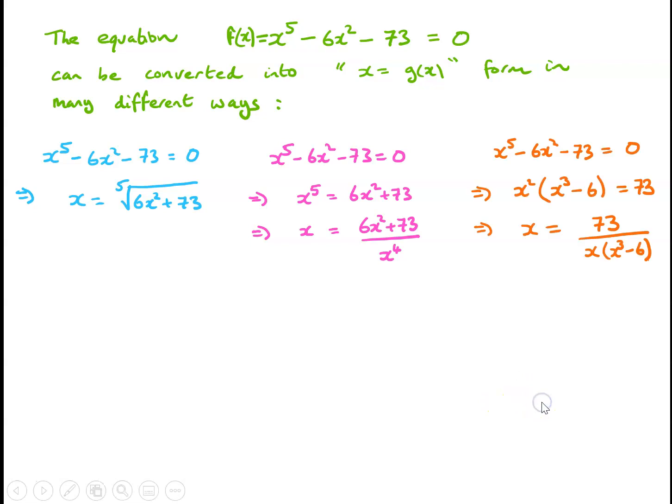Alternatively, x to the 5 minus 6x squared equals 73, so x squared times x cubed minus 6 is equal to 73, which means that we can write x equals 73 divided by x times x cubed minus 6.